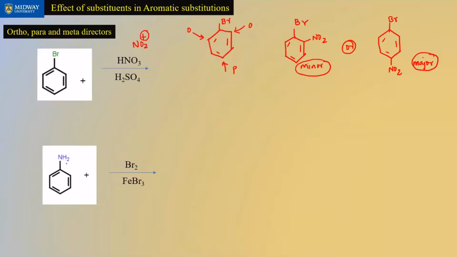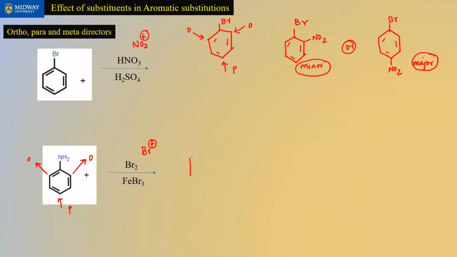Okay, same thing here. NH2 is an activating group, but at this point that is not a problem, but it is an ortho-para director. So this is an ortho position, this is an ortho position, and this is the para position with respect to the NH2. Now we know with respect to this, if these are the reactants, we're adding a Br plus as the electrophile to the ring, but then when the product is achieved, we've only added just the Br.